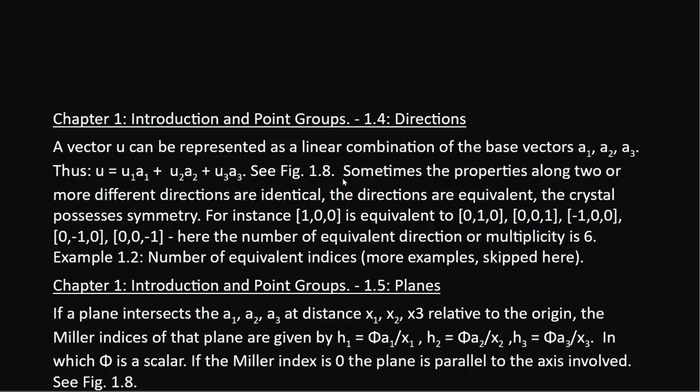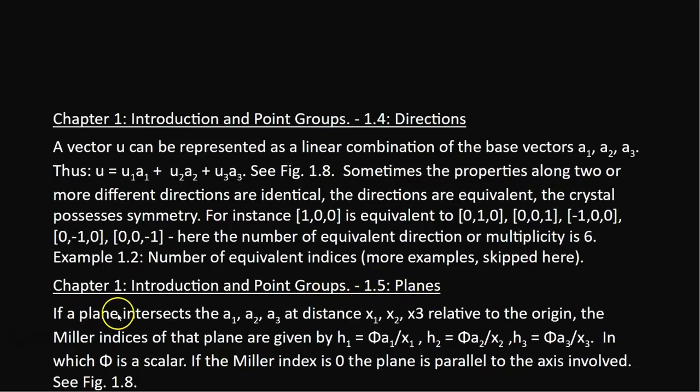The directions are equivalent. The crystal possesses symmetry. For instance, [1 0 0] is equivalent to [0 1 0] and [0 0 1], also to [-1 0 0], [0 -1 0], [0 0 -1]. Here the number of equivalent directions, or multiplicity, is 6. Example 2, given the number, I've skipped it, but you can read it in the book.